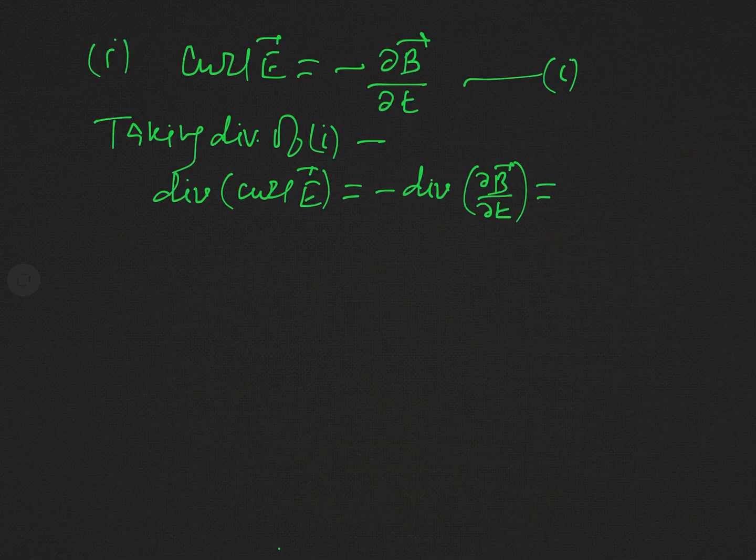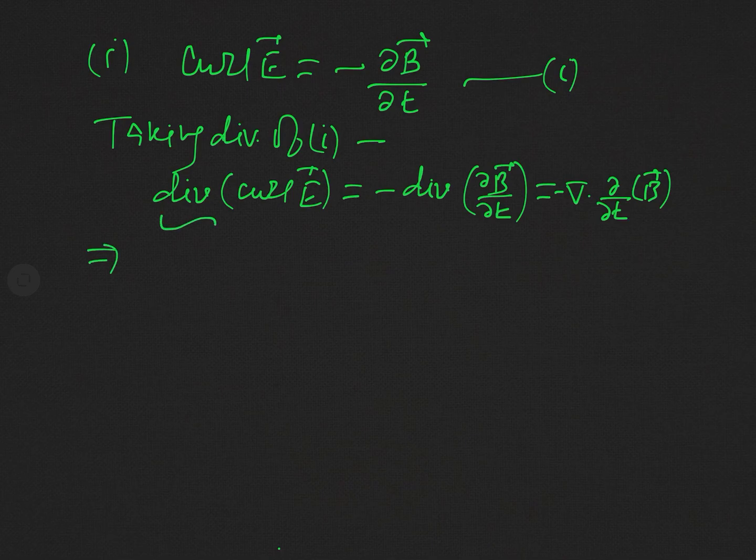And you can write this expression equivalently in this way. This divergence means del dot. This is minus del dot del T B. I have just written in this form for clarification. Here you are observing that there are two operators. Del is a partial differential operator with respect to space, and del T is a partial differential operator with respect to time. And you know the space and time operations can be interchanged.